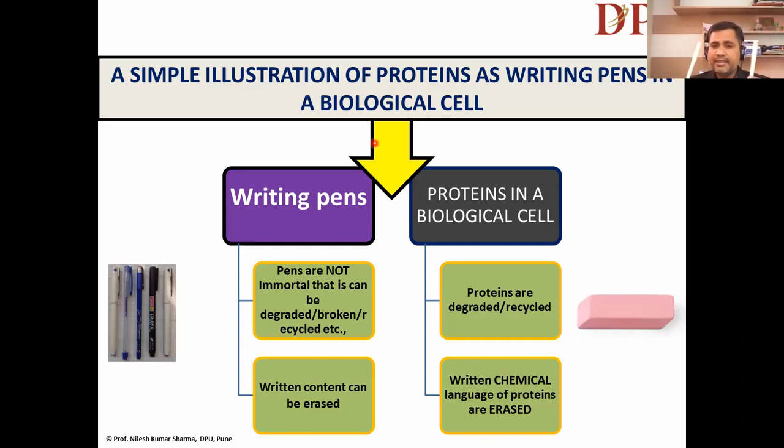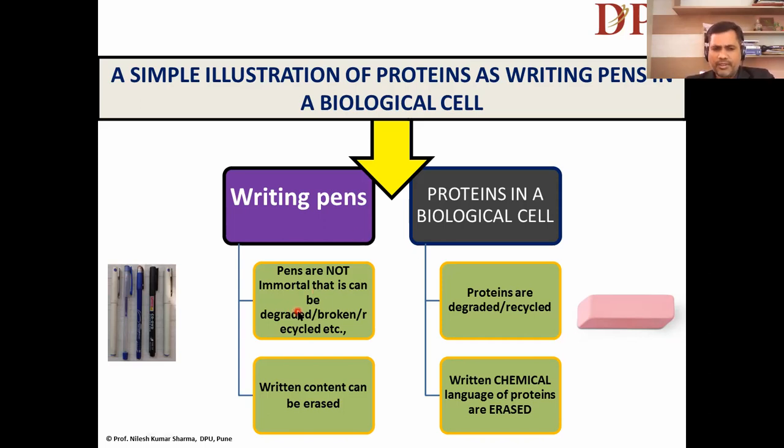That means they can be degraded, broken, or recycled. Likewise, writing pens are not going to stay forever; they have to be degraded, recycled, broken. Similarly, the proteins in our biological system are degraded and recycled, and that is how nature works, and that is how our cell system works.